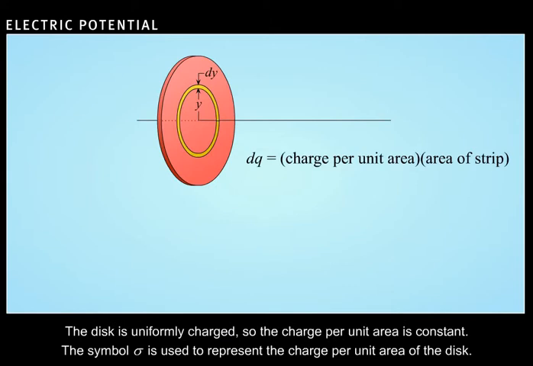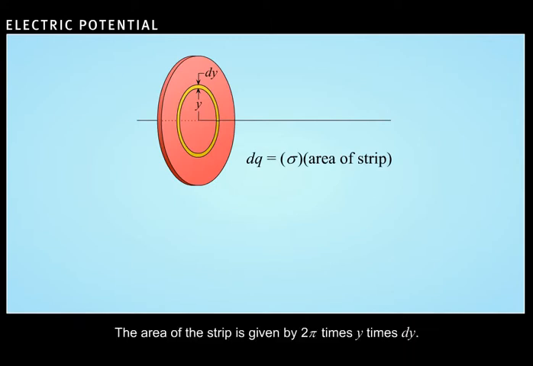The disk is uniformly charged, so the charge per unit area is constant. The symbol sigma is used to represent the charge per unit area of the disk. The area of the strip is given by 2 pi times y times dy.